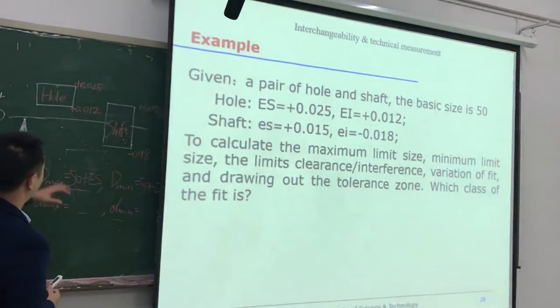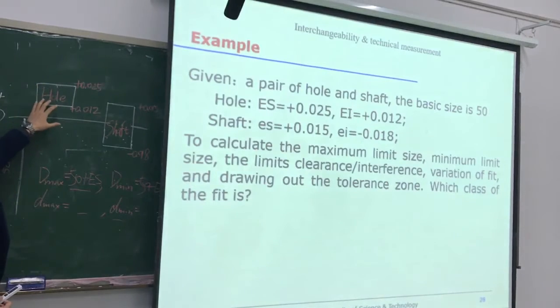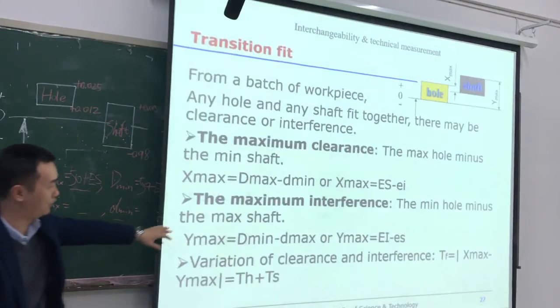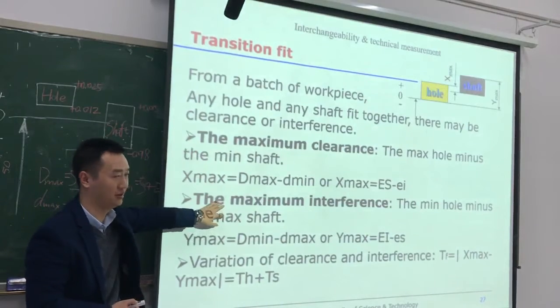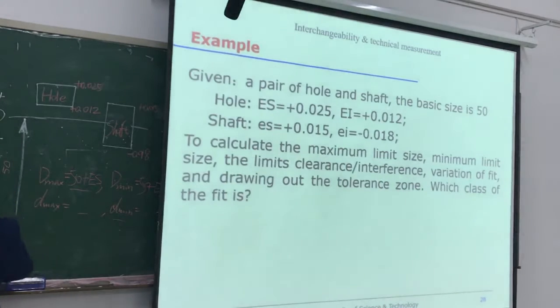So in this case, what do we get? We get the maximum clearance and the maximum interference. Do you remember? For transition fit, we have maximum clearance and maximum interference. How to calculate it? X maximum is equal to ES minus EI. X means the clearance, right?